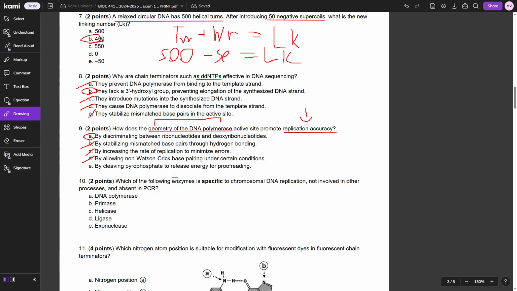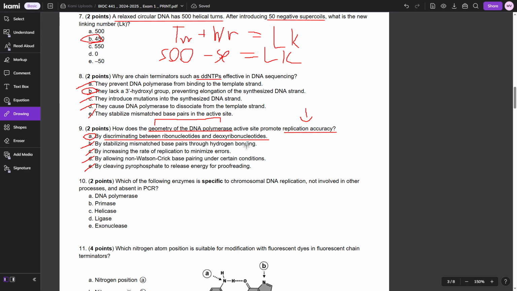By cleaving pyrophosphate to release energy for proofreading. It's a decent answer, and I guess it's true, it does cleave pyrophosphate to release energy for proofreading, but it's not talking about the geometry. So I would need something about geometry. The discrimination between ribonucleotides and deoxyribonucleotides is a very specific geometry for the enzyme active site of DNA polymerase. So I would say that's the best answer here.